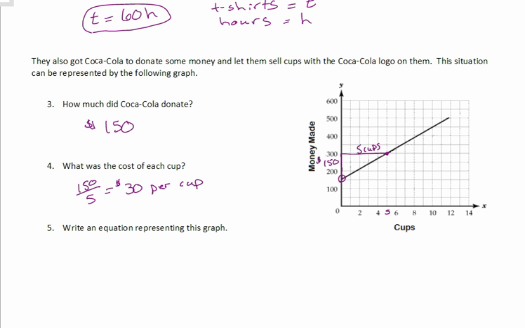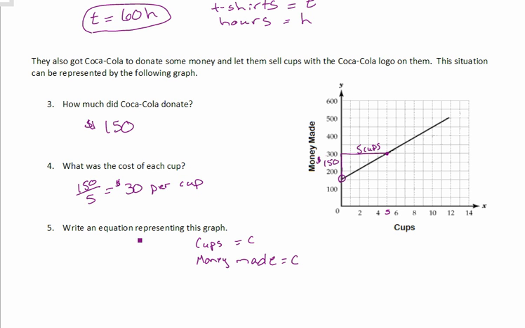Now we're supposed to write an equation that represents this situation. Okay, again, I'm dealing with cups and I'm dealing with money made. So how am I going to say this in a sentence? The money we make is the $30 per cup plus the $150 donation.